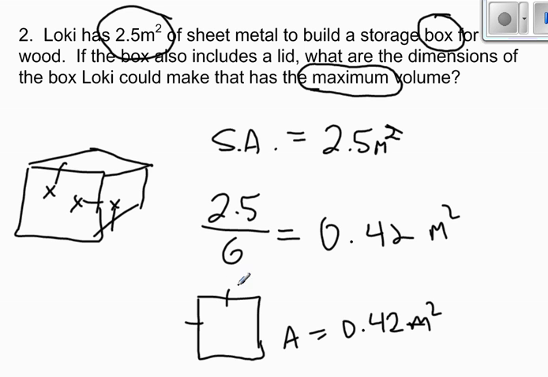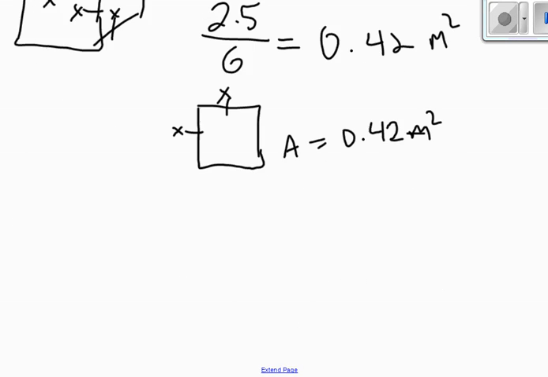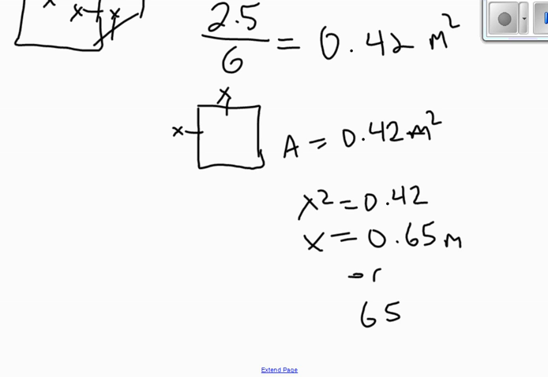And again, each side has dimensions x times x. Therefore, I can say that x squared equals 0.42. So I'm going to take the square root. And the square root of 0.42 is 0.65 meters. Or you could say 65 centimeters.